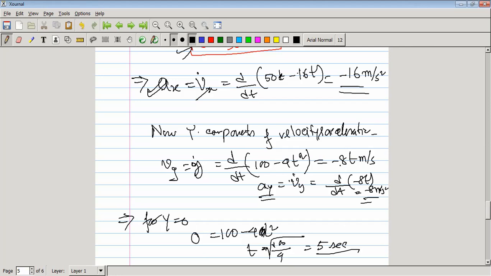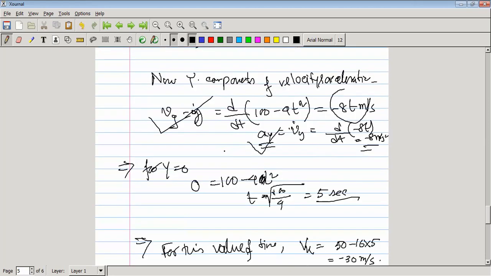So it is nothing but minus 8t. Now acceleration is also the derivative of velocity, so the derivative of this portion will come minus 8. So along the y direction, we get both the velocity and the acceleration, right?